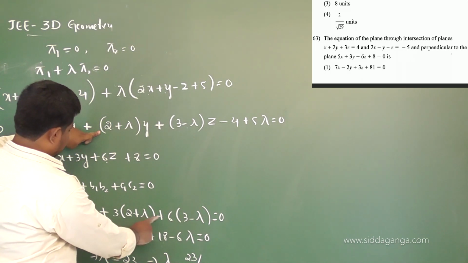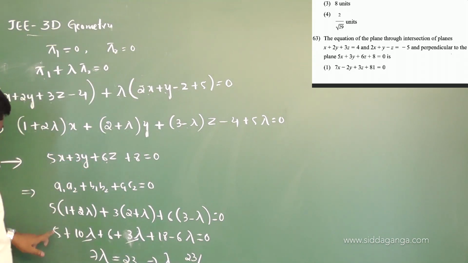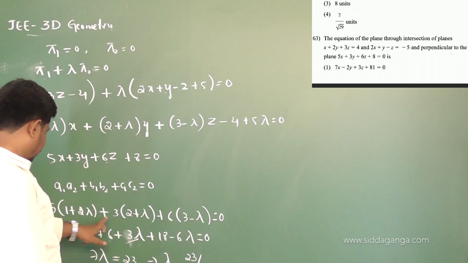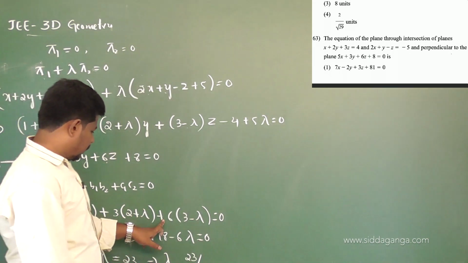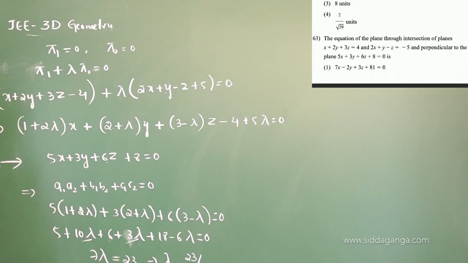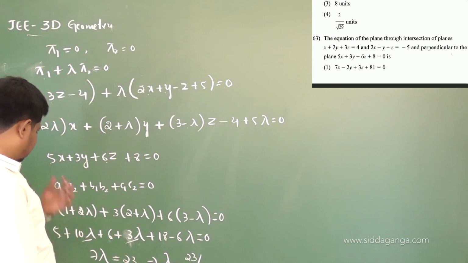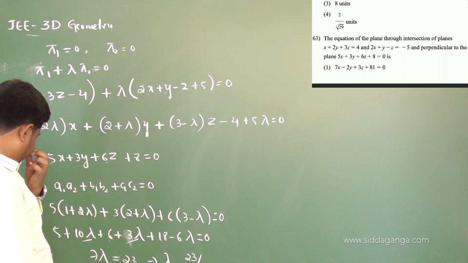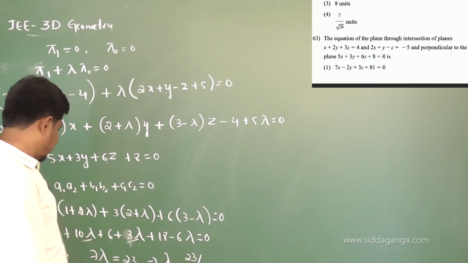And next, 6 into 3 minus lambda. 5 2s are 10, 3 2s are 6, 3 lambda, 6 lambda. 13 minus 6, 7 lambda, 11, 6, 23.